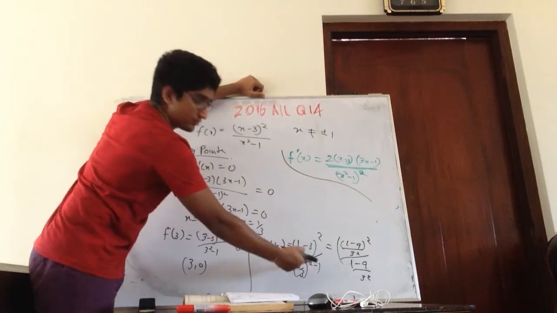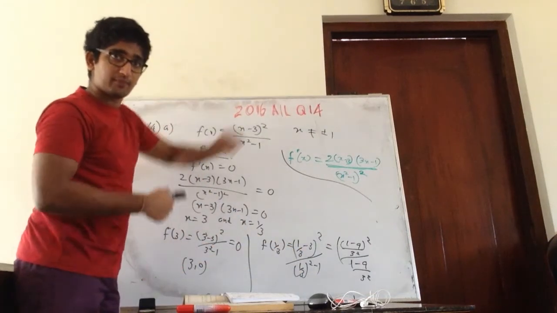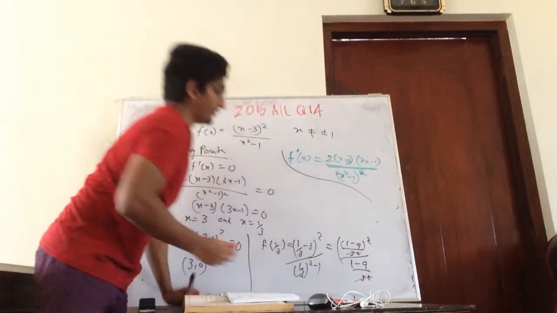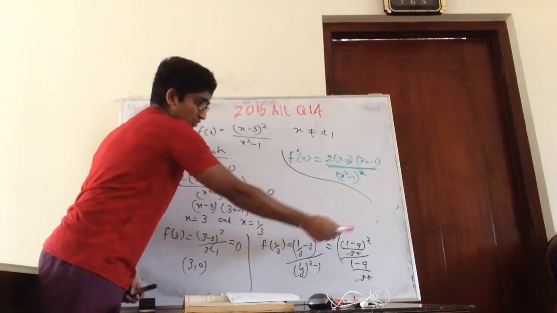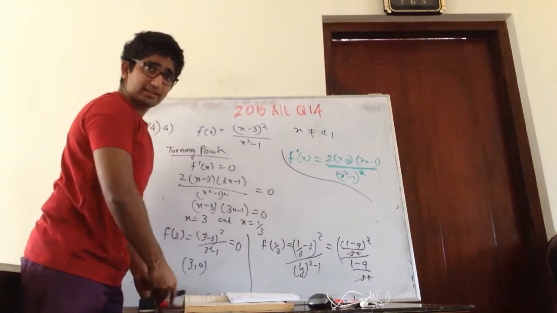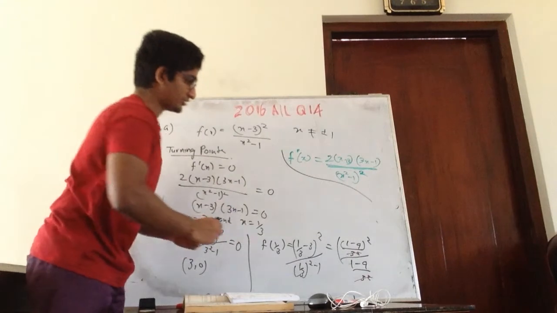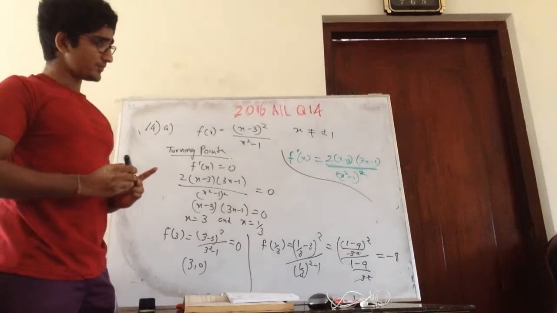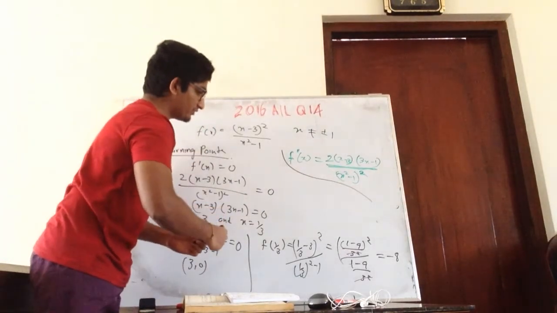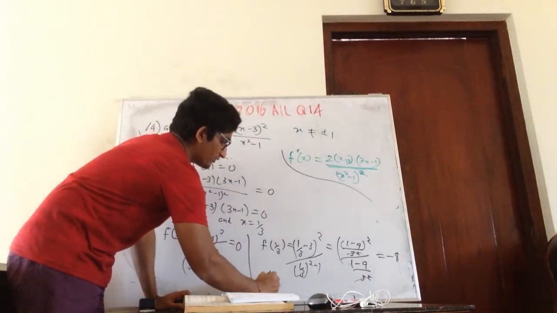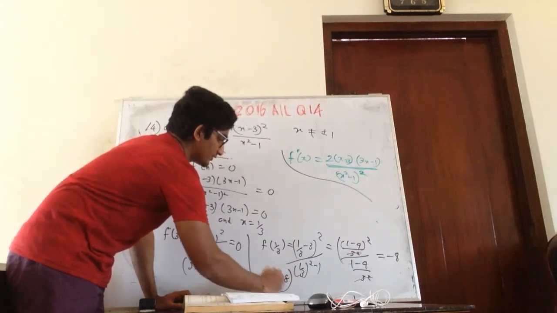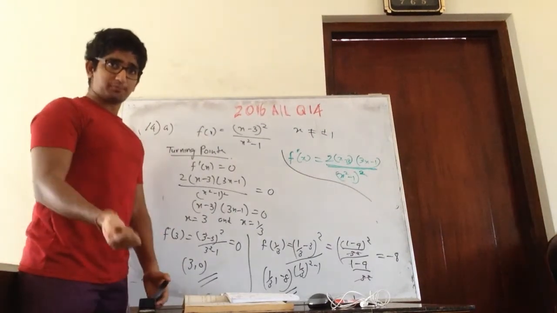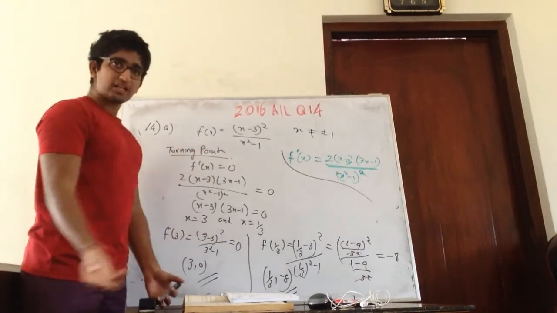I just simplify this down, then I can cut these off. Then this is minus 8 squared, so that is going to be minus 8. So another point is (1/3, minus 8). Right? So now we know the turning points as well.